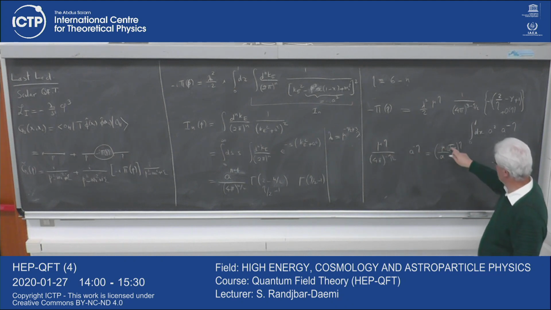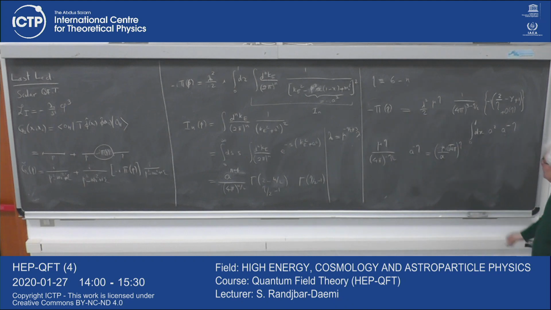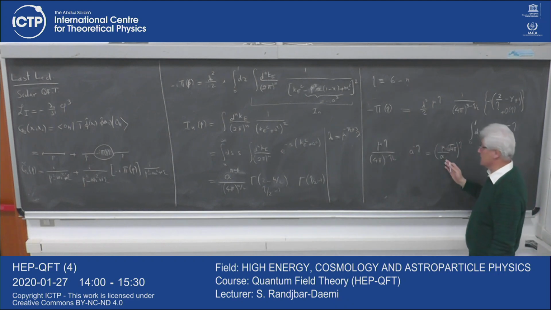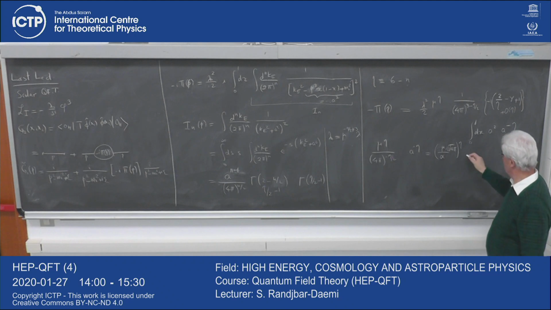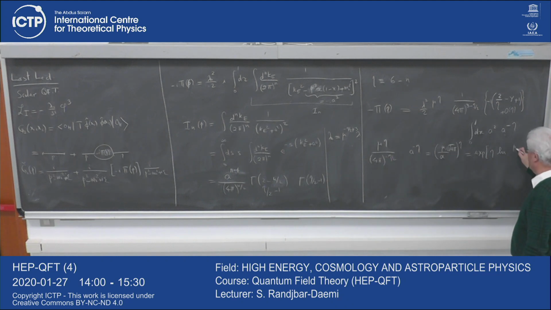You can write in numerator with positive power and you get that. So this whole thing becomes this. The idea is to write this as exponential of eta times logarithm of the rest. And then now you can expand in powers of eta.